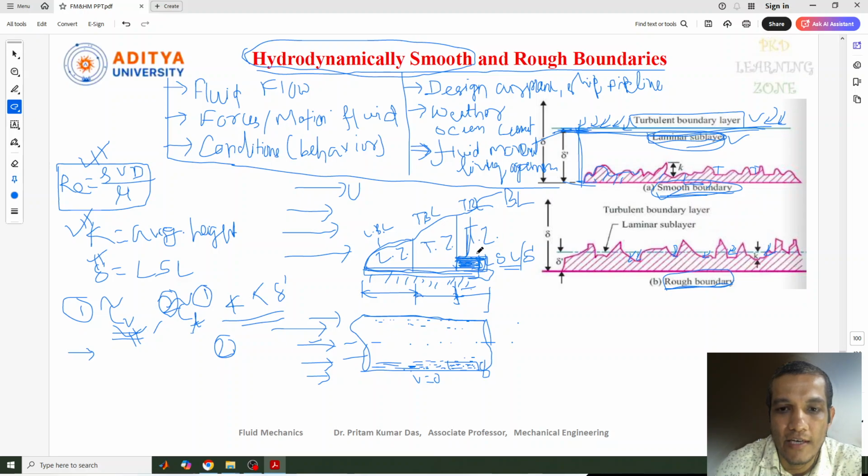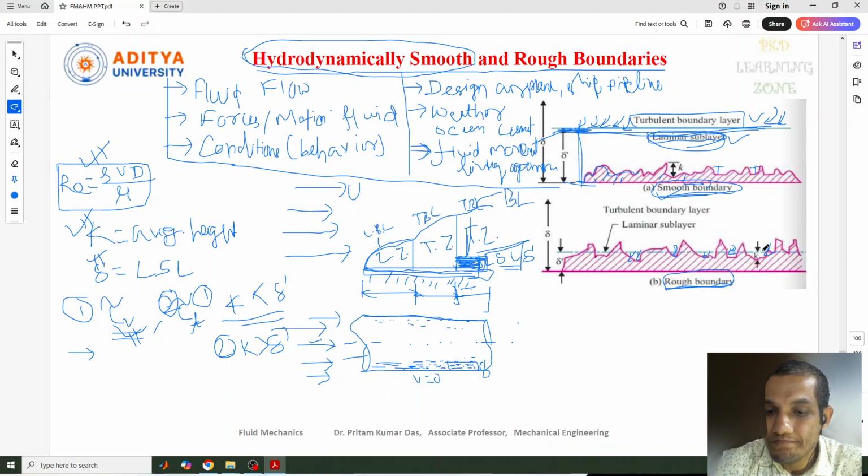So here the turbulent zone started, and the laminar sublayer is less. This is the second condition: if the laminar sublayer delta dash is much smaller than K, that means K is more than delta star.